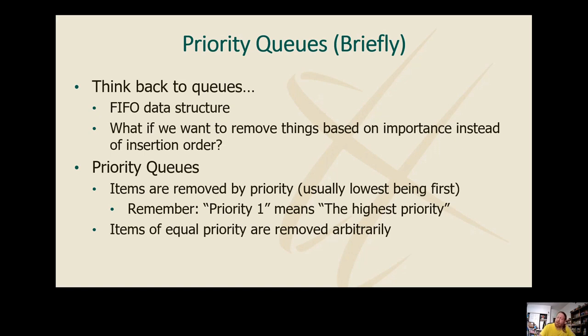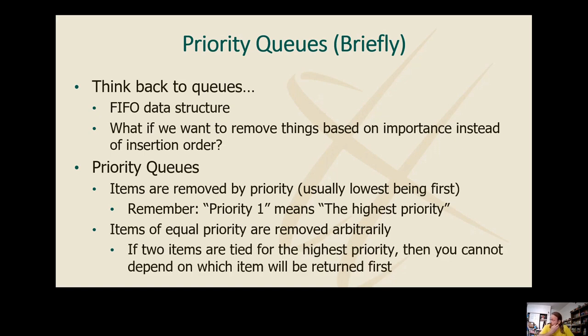If you wanted it to come out sooner, you should have given it a higher priority. So just do keep this in mind. If 2 items are tied for highest priority, you cannot depend on which item will be returned first. You might have a million things with the same priority and then say, hey, give me the next one. And you get the most recent thing inserted. That's totally legal.